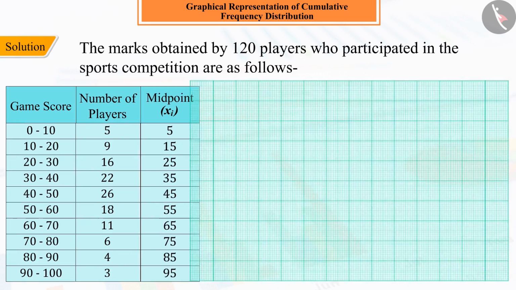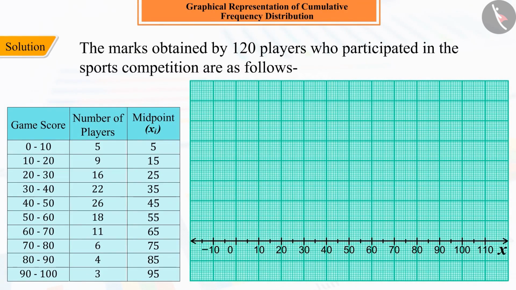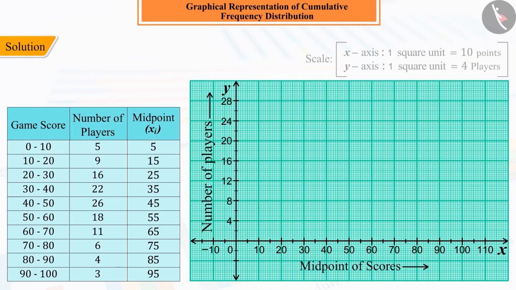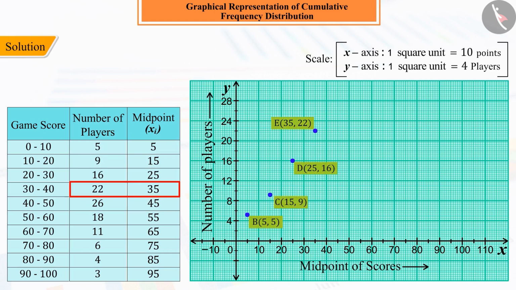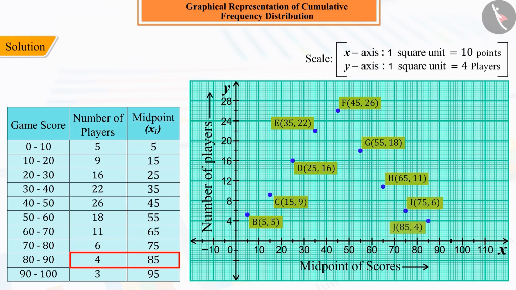Now, plot the midpoint on the x-axis and the frequencies on the y-axis. Plot the corresponding points B, C, D, E, F, G, H, I, J, and K of the ordered pairs obtained from the above frequency distribution.